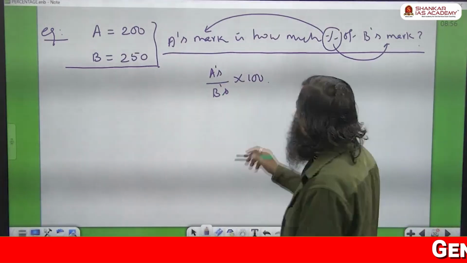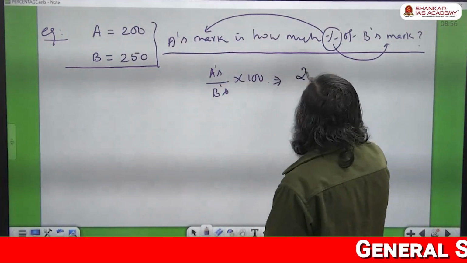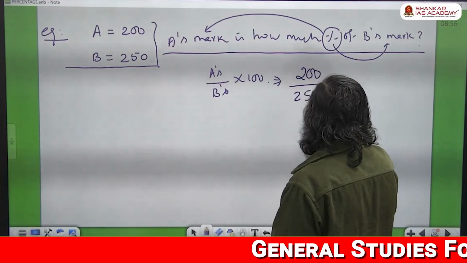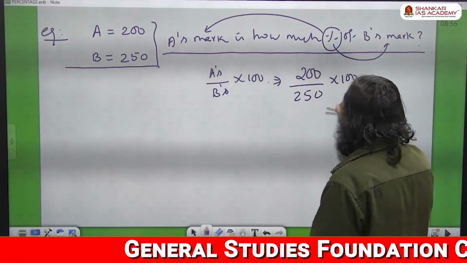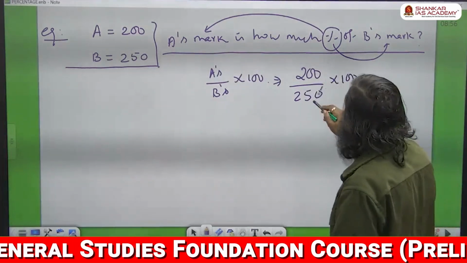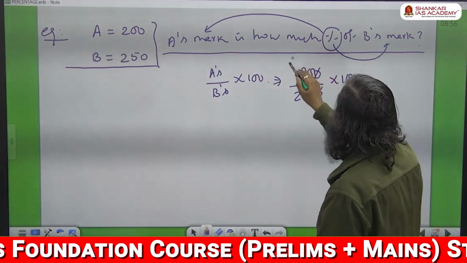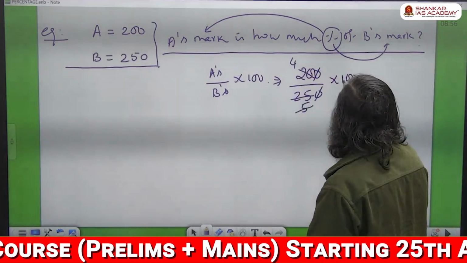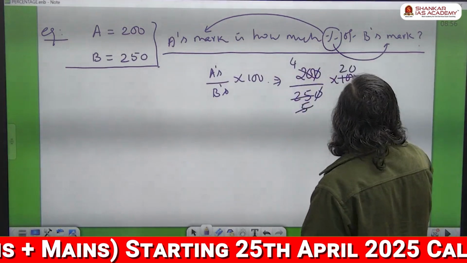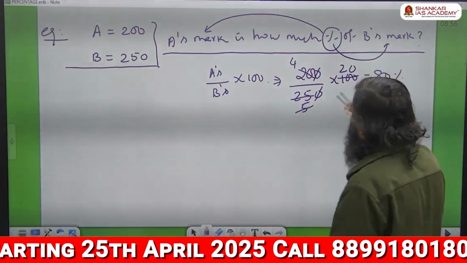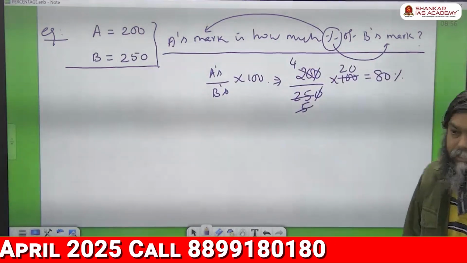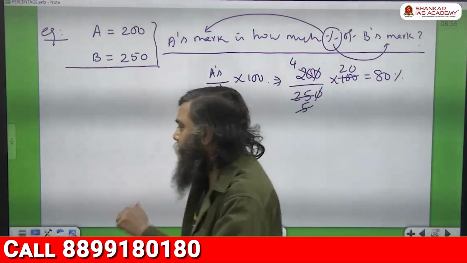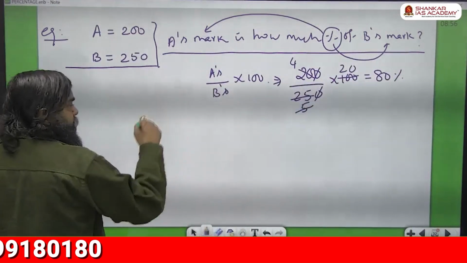Now look. Tell me, how much is A's mark? 200. How much is B's? Percentage means multiply by 100. Do you understand this, boss? Now cancel. Cancel 4 times, cancel 5 times. How much will you get? 80%. Okay. Now listen to my language. Tell me, what is 80%?